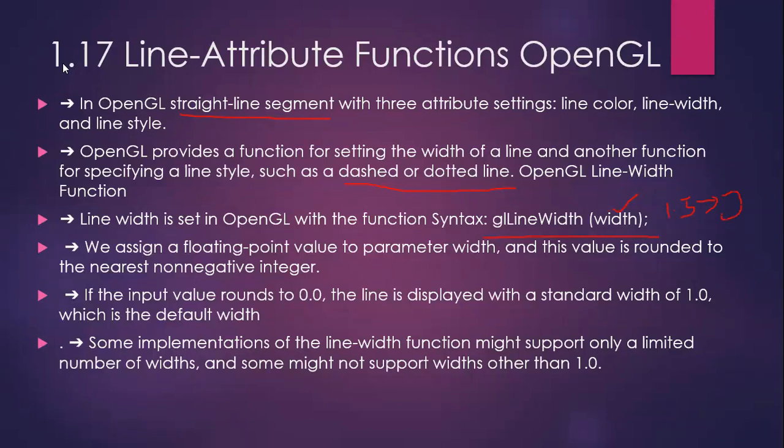It may be rounded to the nearest non-negative integer. So the default value for the width will be 1.0. It's the standard width, and remember that it will always be represented as a floating point value.